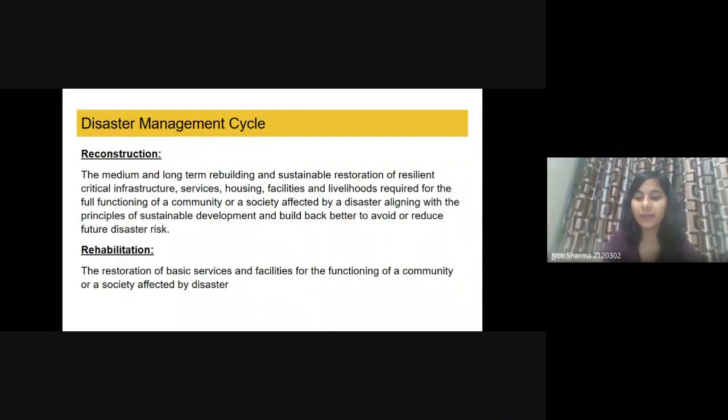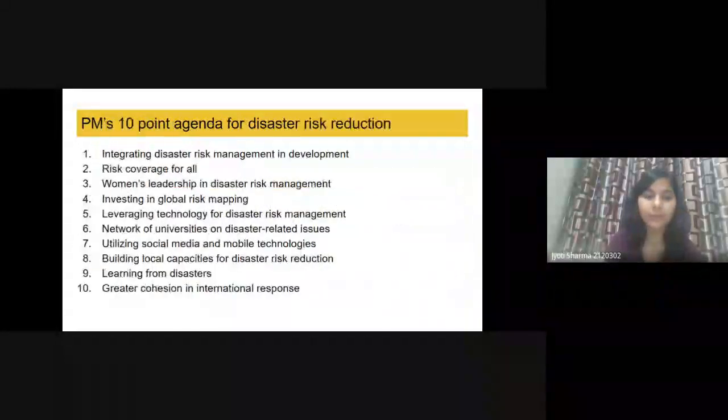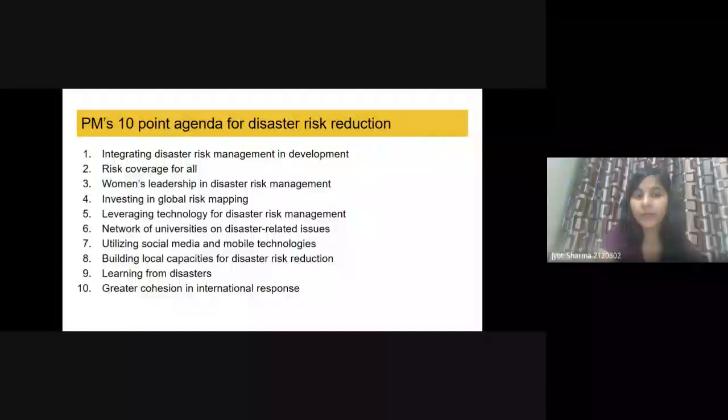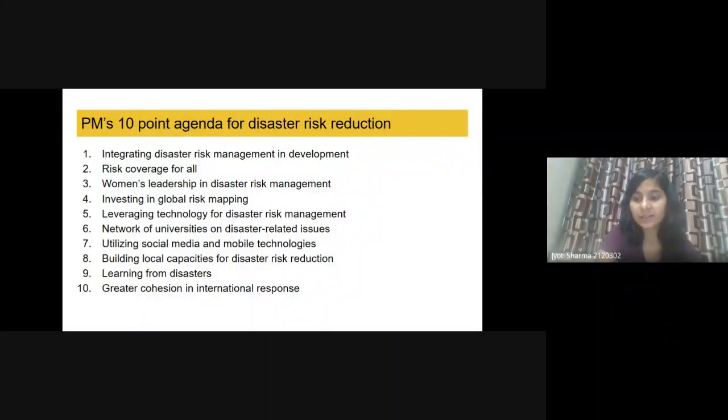So this is rehabilitation. Then we have the Prime Minister's 10-point agenda for disaster risk reduction. If we follow these 10 points, there will be very few cases where a hazardous event leads to a disaster.